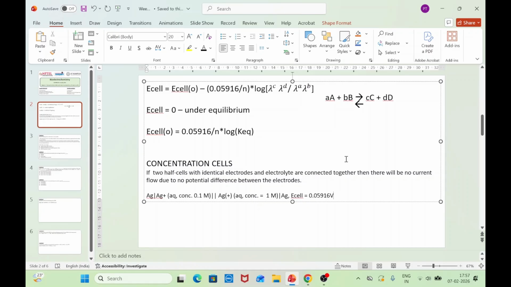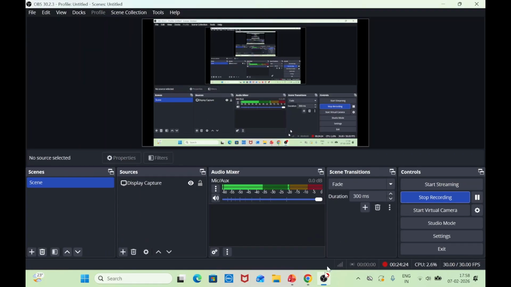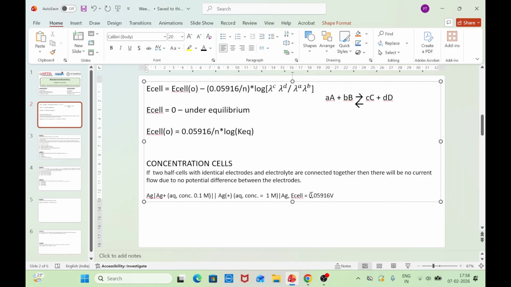At least for the first question, on why the EMF of the cell is going to be very small. Just a second. Yes, anyone?